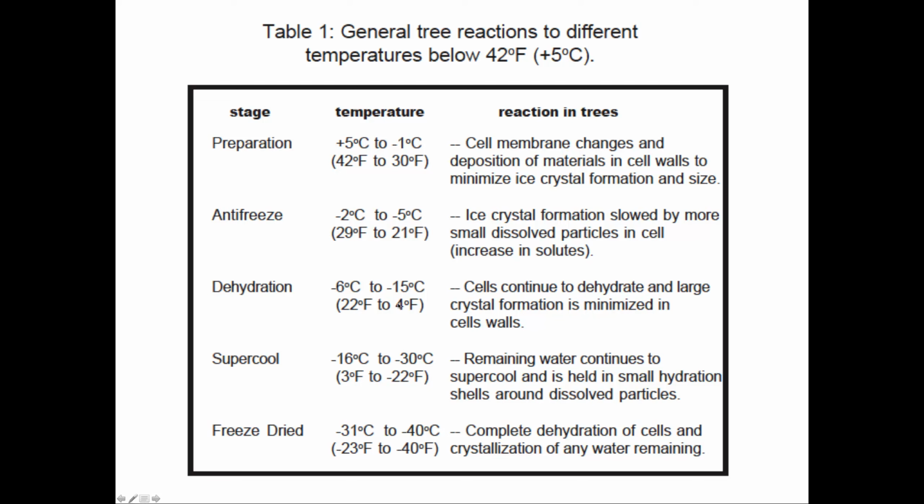Once you get below -5, you get into a situation where the cells in the plant really need to dehydrate. They need to move that water that is inside the cell outside the cell and dehydrate. So they need to take that intracellular or symplastic water and move it extracellularly, into the apoplast.